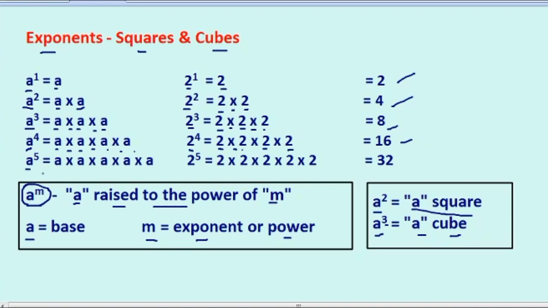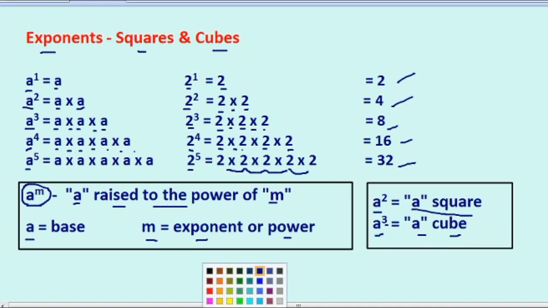Next, a raised to the power of 5. Here a will be multiplied 5 times. For example, 2 raised to the power of 5 will be 2 into 2 five times: 2 into 2 is 4, 4 into 2 is 8, 8 into 2 is 16, 16 into 2 is 32.